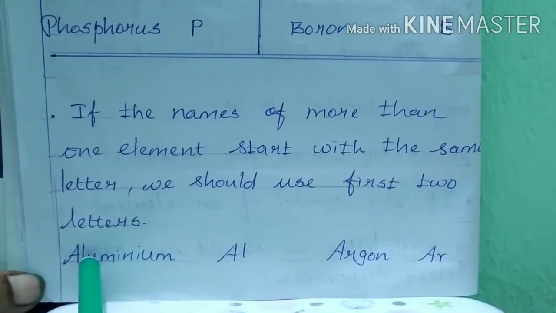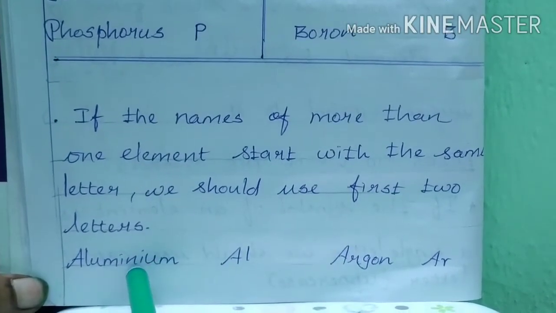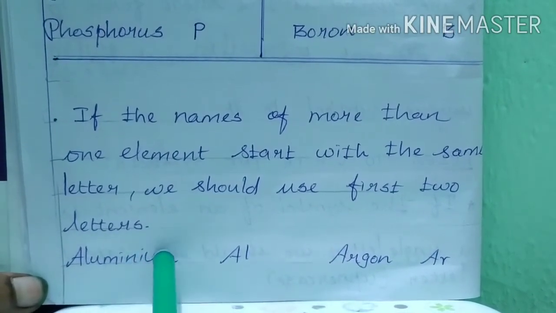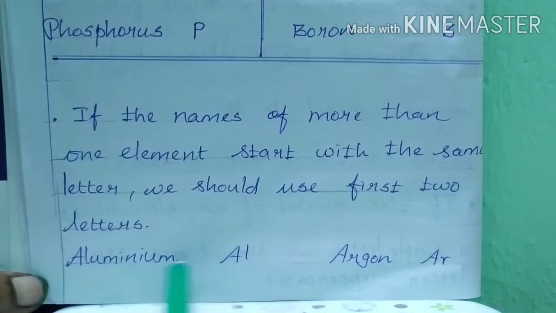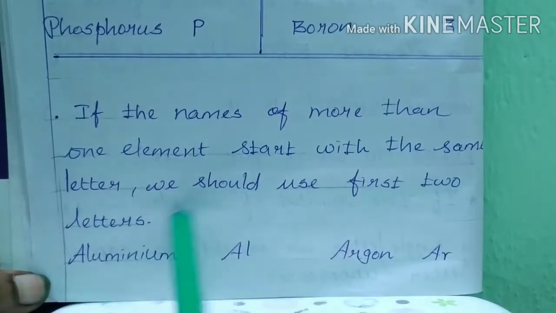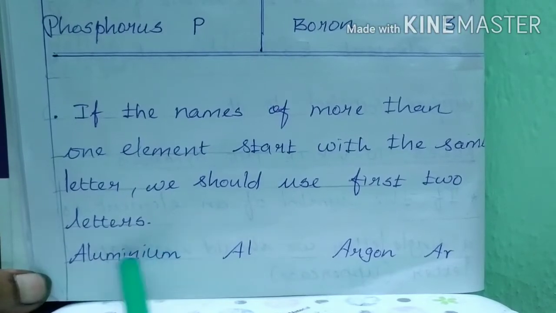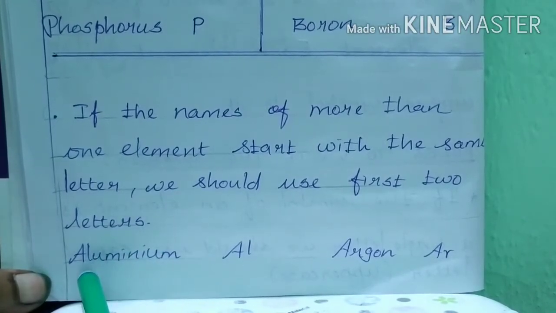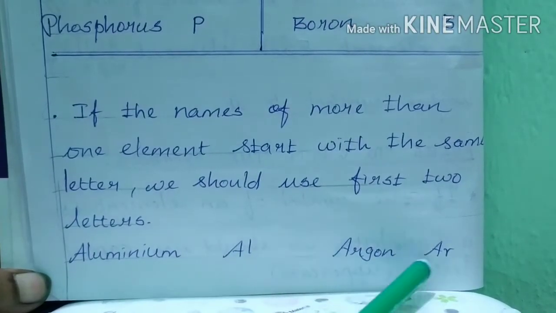If the names of two different elements start with the same letter, then to represent the symbol we should use the first two letters. For example, aluminium and argon, the names of these two elements start with A, so we have to take the second letter also. The symbol of aluminium is Al and argon is Ar.